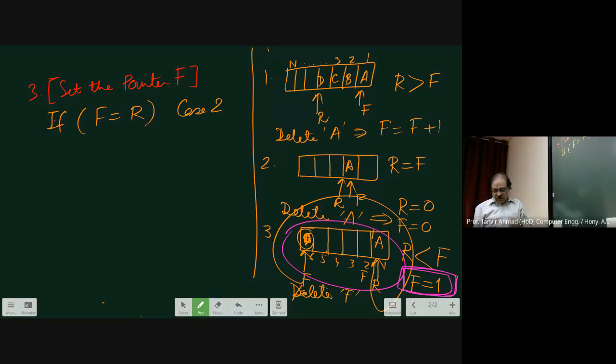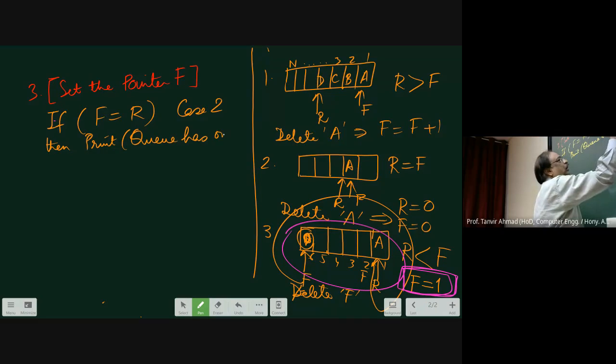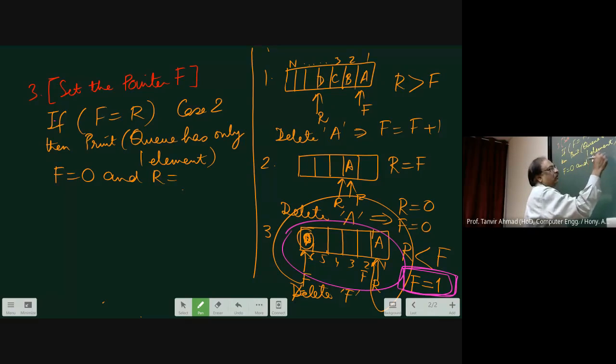If front is equal to rear, then print Q has only one element. And then what do you do with that? You are putting F is equal to 0 and R is equal to 0.